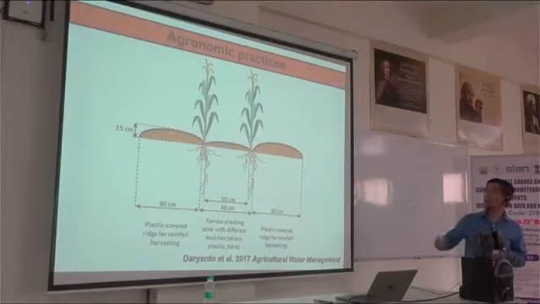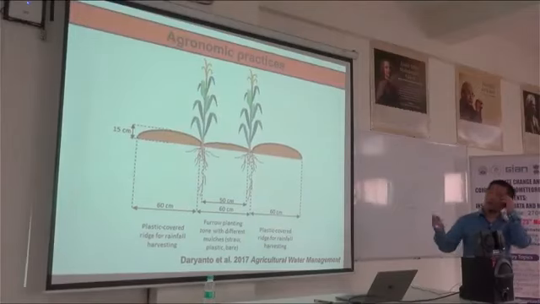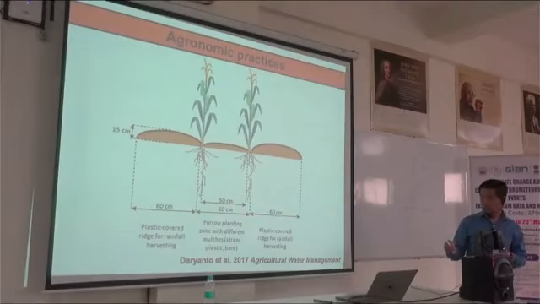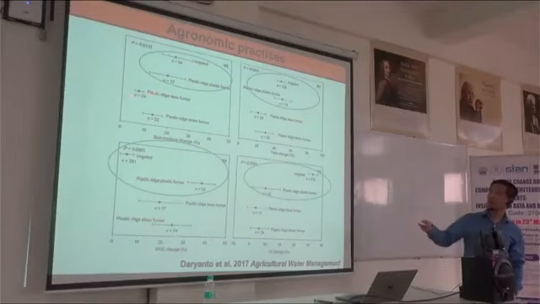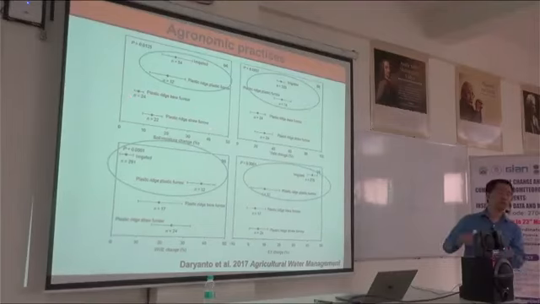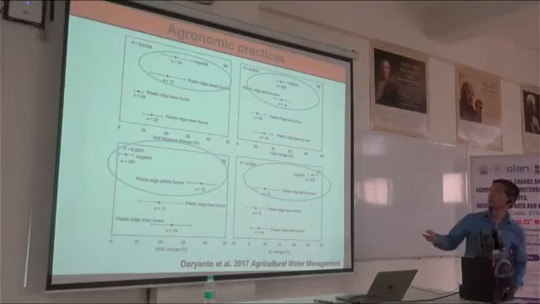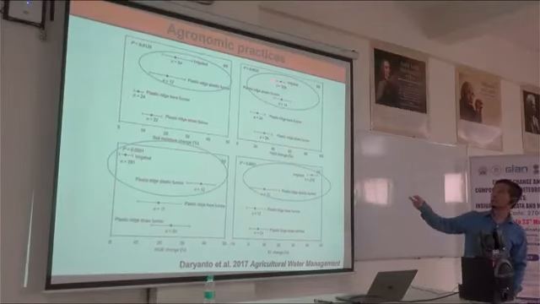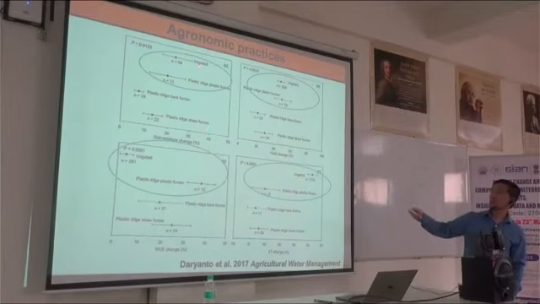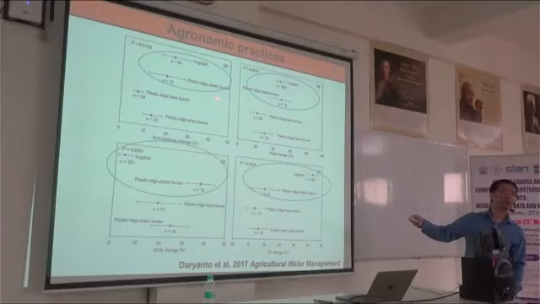We did a meta-analysis to look at how effective this practice is compared to irrigation. There are different types of mulch, you can use plastic or straw, but we don't need to worry. Let's just look at the top two: the irrigated treatment and plastic mulching.